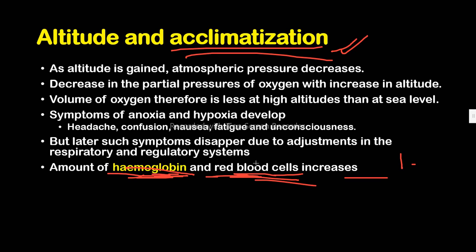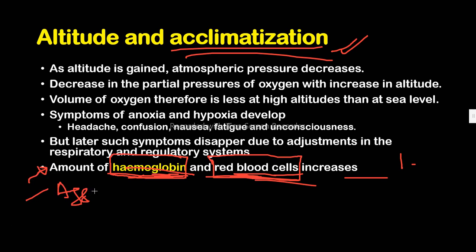Why? So that you can pack and transport enough oxygen even at low partial pressures of oxygen. And as if that's not enough, not only the amount, but also the affinity.